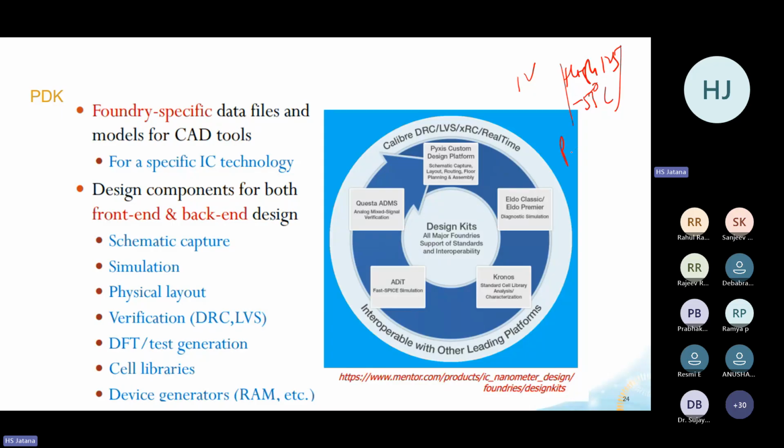Then the parasitic information, parasitic RLC of those components, and then the mismatch. Mismatch means if you are placing two components nearby, what kind of mismatches will be there in VTs and so on. The PDK tells you that too, and also the temperature effect on these parasitics at various temperatures. All that information is contained in the PDK, and that will guide you on how to use it.